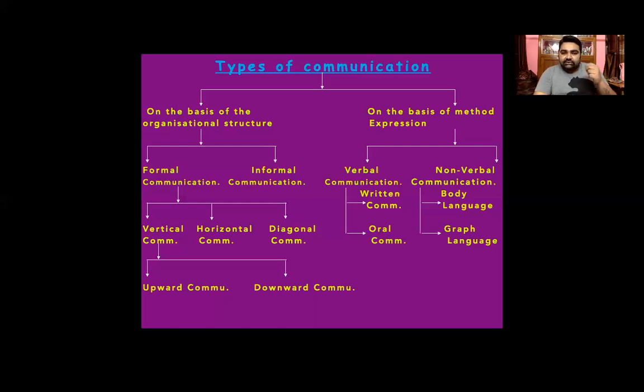The message is flowing from the lower authority to the upper authority. That's why this is known as upward communication. But in downward communication, the messages flow from higher authorities to the lower authorities by following the paths.